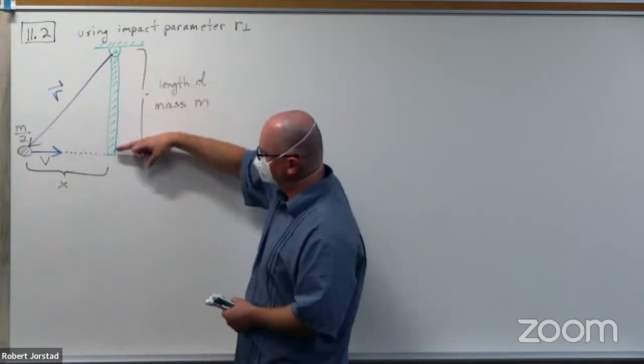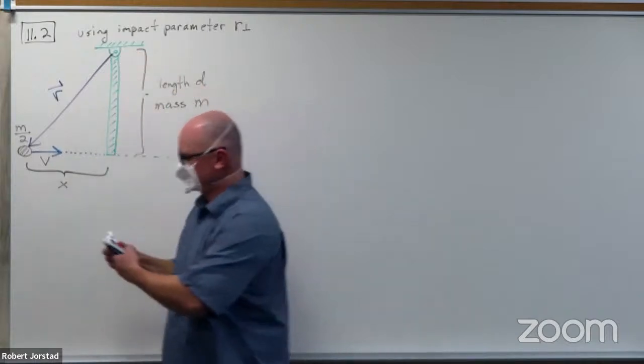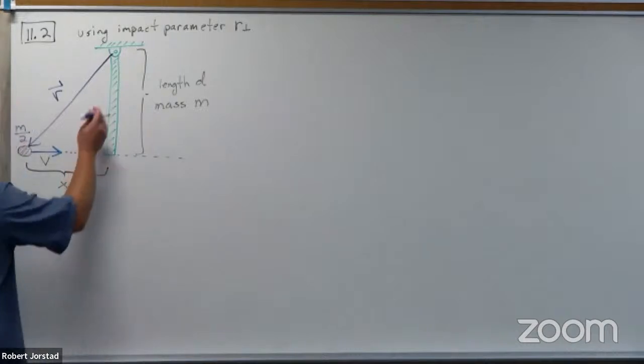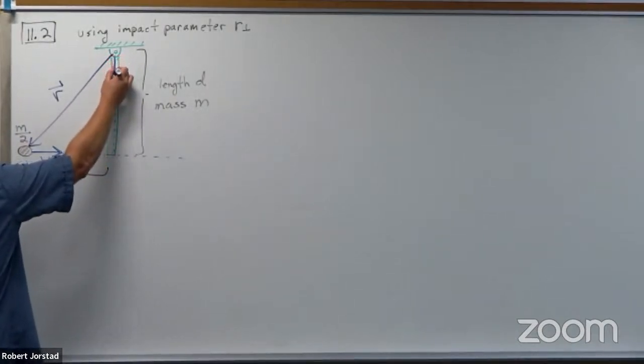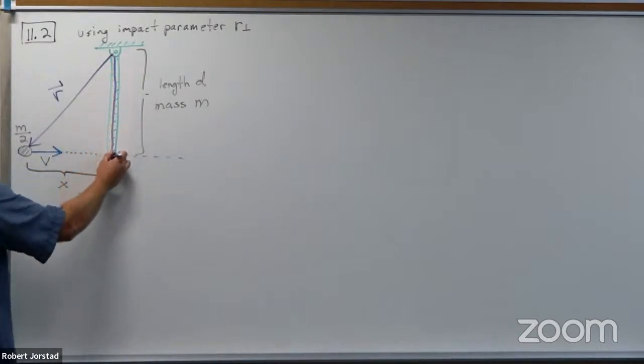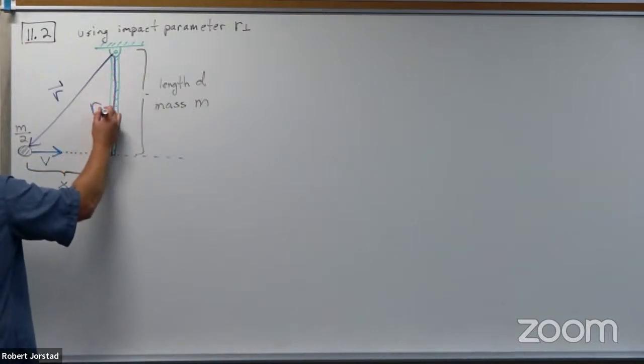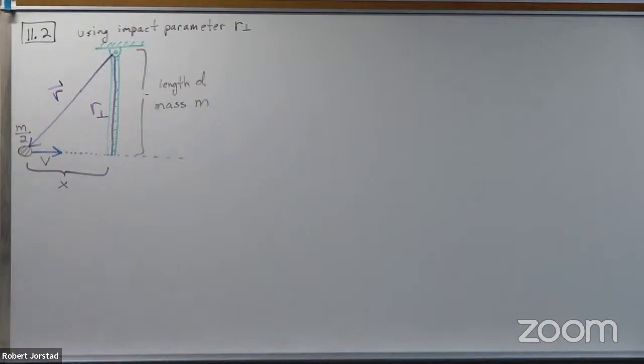Yes. So in this case, that distance is the impact parameter, R perp. For this particular case, what value does it have? R perpendicular equals X or D? R perpendicular equals D. Excellent.